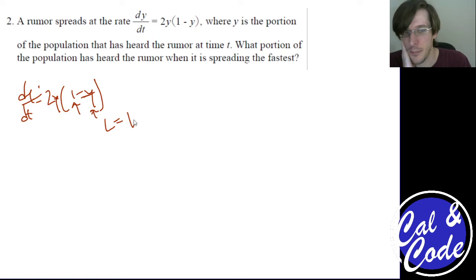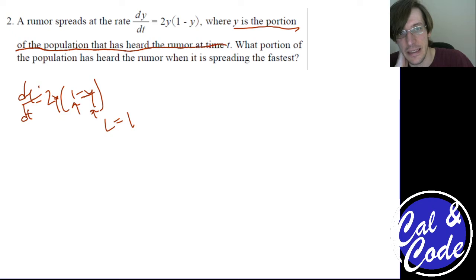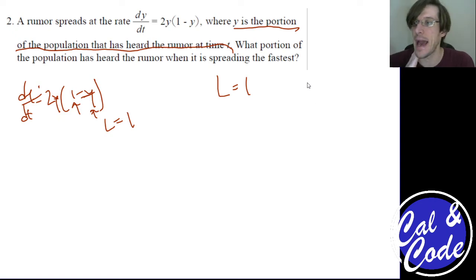That's a proportion. y is the portion of the population that has heard the rumor at time t. So L is 1, and that tells me that the maximum number of people, the carrying capacity for this rumor, is 100% of the population, which we're referring to as 1.